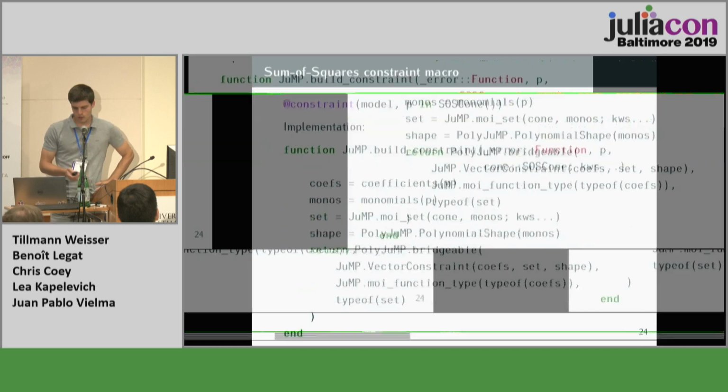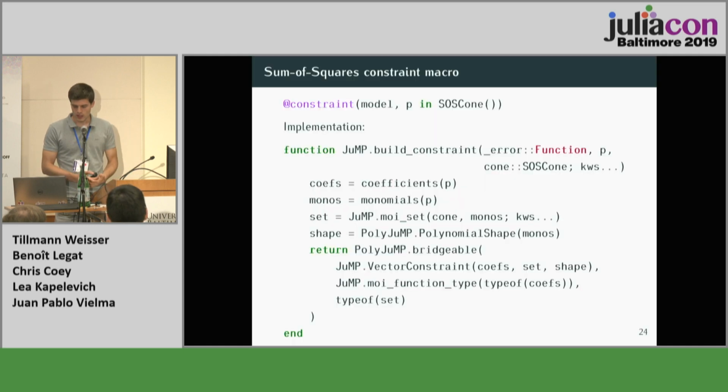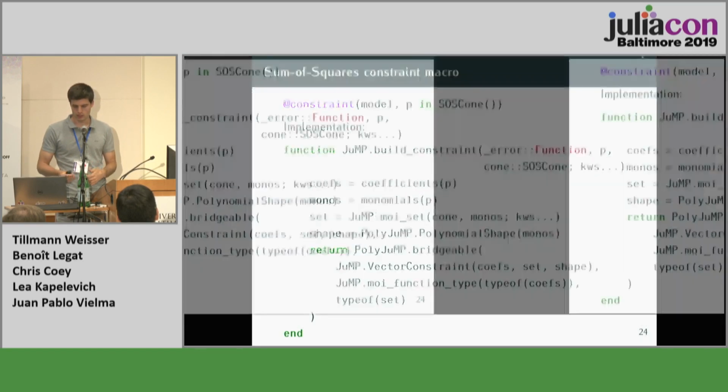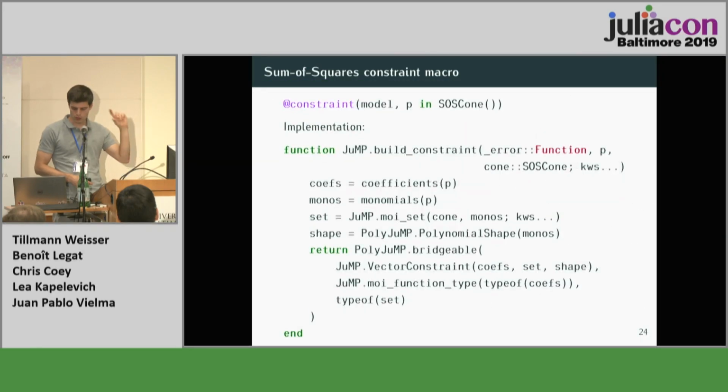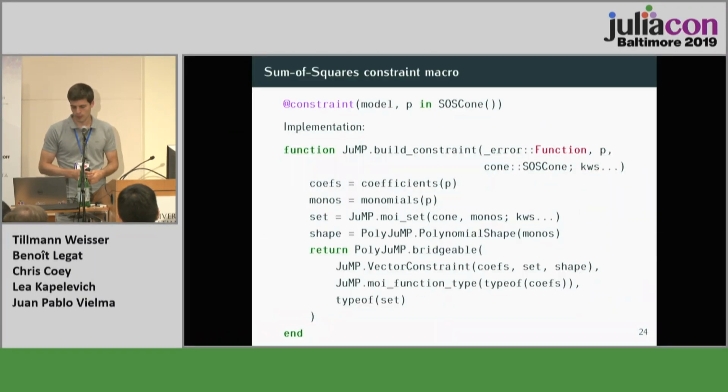And to extend JuMP, if the user says some polynomial is in the SOS cone, you just implement a new build constraint, you get the coefficients of the polynomial and the monomials, and you create an MOI set to represent this sum of squares cone with these monomials. The coefficients of the polynomial would be the vectorized version of your function. It's a vector of, let's say, affine expressions of the decision variables.